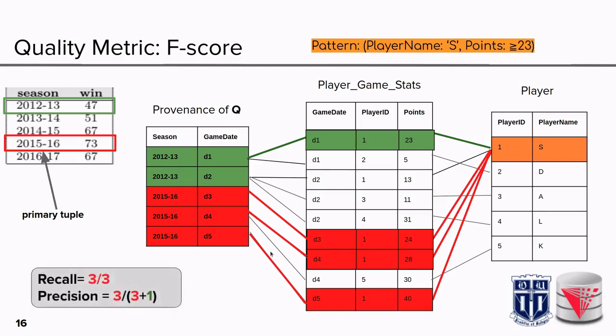In this example, out of 3 games in the 2015-16 season, all of the 3 tuples have 1 tuple that fulfills the pattern description. Thus, we have recall 3 over 3. In terms of precision, we notice that a total of 4 tuples in the join result fulfill the pattern description, where 1 comes from the non-primary tuple and 3 from the primary tuple. Thus, we have precision of 3 over 4.